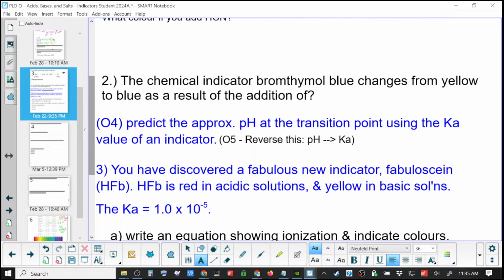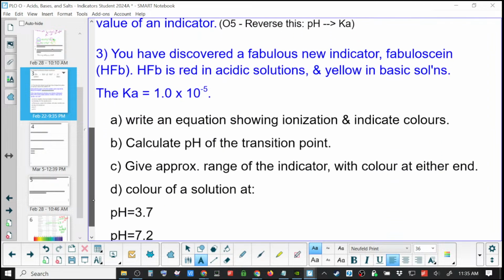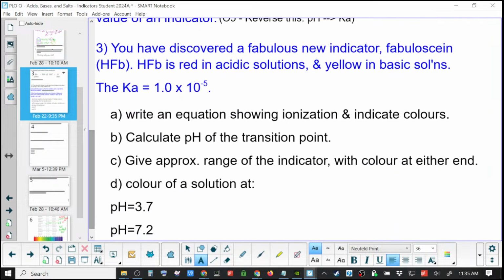The chemical indicator bromothymol blue changes from yellow to blue as a result of the addition of what? That's a question. And then the next one: you've discovered a fabulous new indicator called Fabulosin, HFB. HFB is red in acidic solutions and yellow in basic solutions.